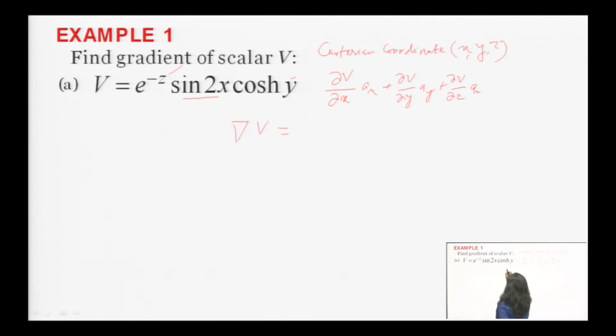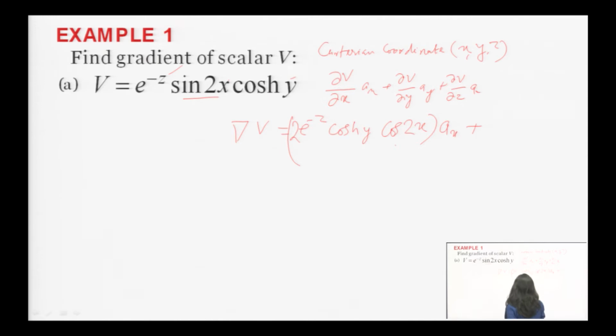Gradient is represented by del V, the simple product of the del operator and scalar V. However, we need to find the differentiation of sin 2x. The differentiation of sin 2x is cos 2x, and further the differentiation of 2x will give the value 2. The unit vector will be ax.